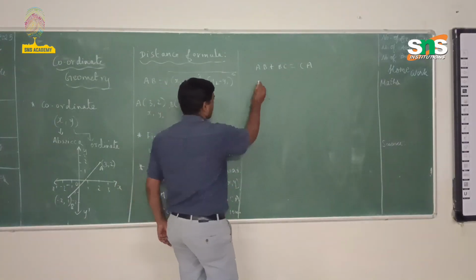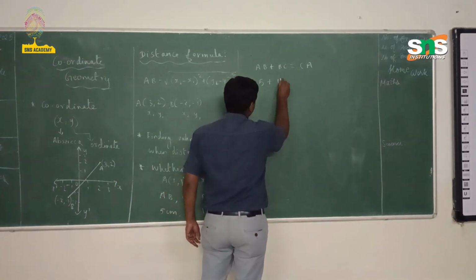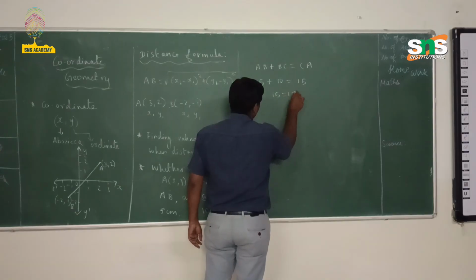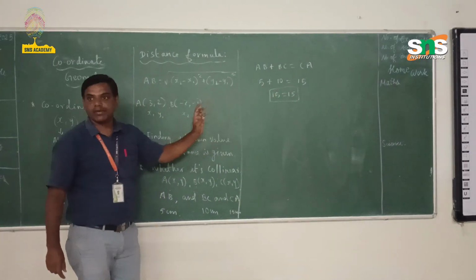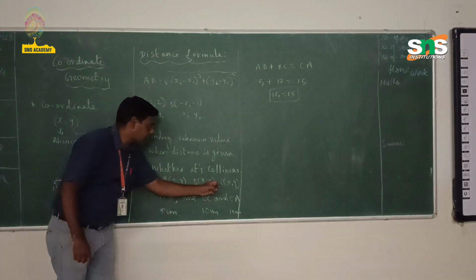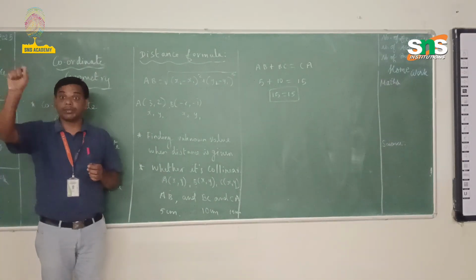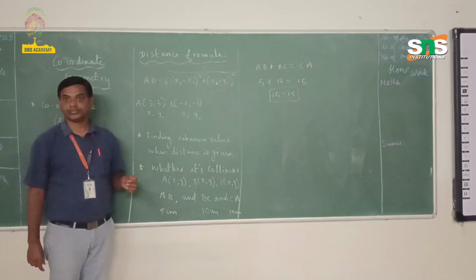AB is 5, BC is 10, that is equal to 15. So 15 is equal to 15. Whenever we get values equal like this, we can say all these points are collinear. Collinear means every point is on the same line.